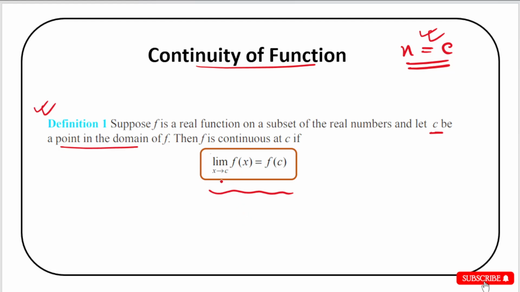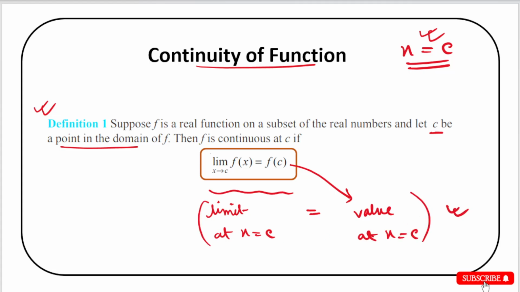What does it mean? It means that the limit of the function at x equals c has to be exactly equal to the value of the function at x equals c. So if you know this thing, you know the entire chapter. If you haven't seen my video on limits, I will give the link in the description.